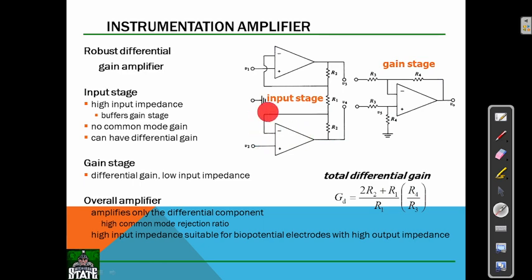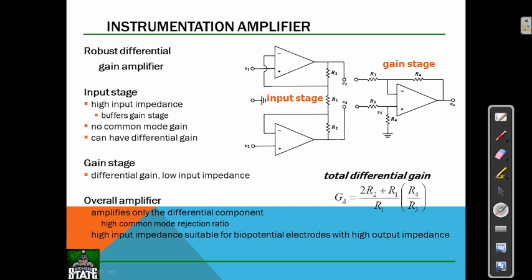The negative terminal of each amplifier is connected with a resistance to the output. The output side has resistors as well as the output voltage. The positive terminals have voltage 1 and voltage 2.